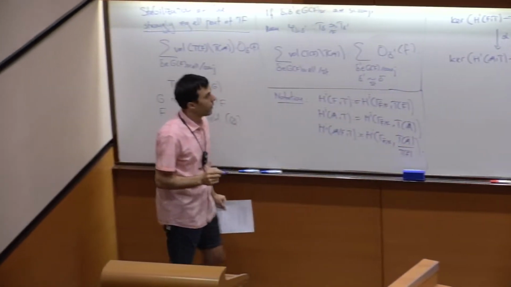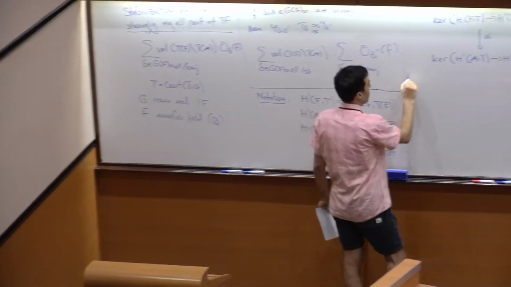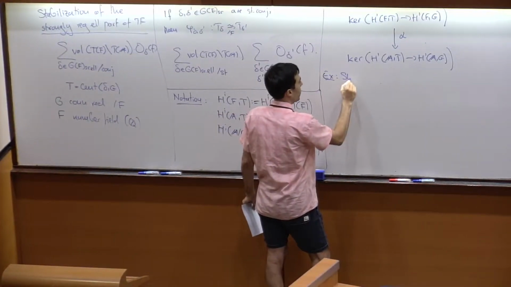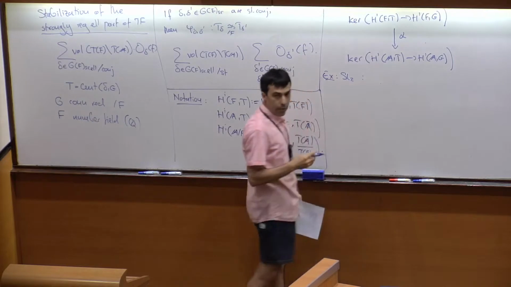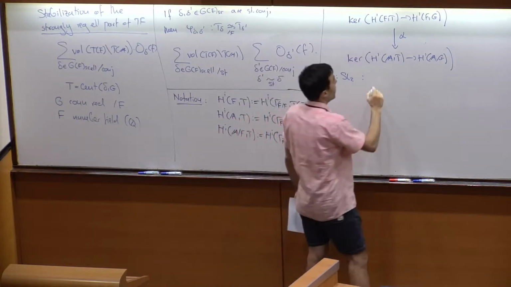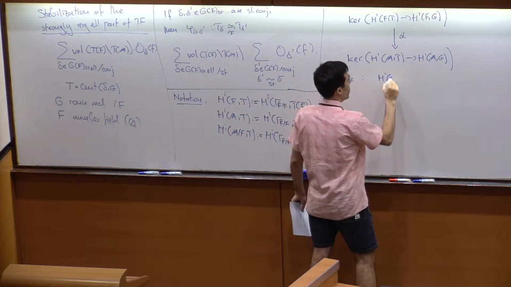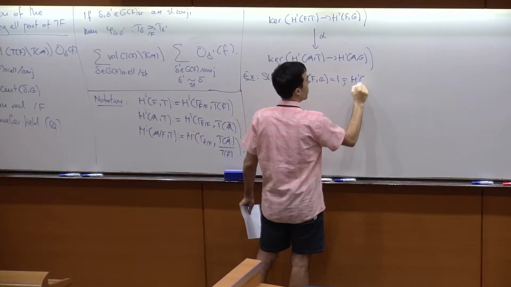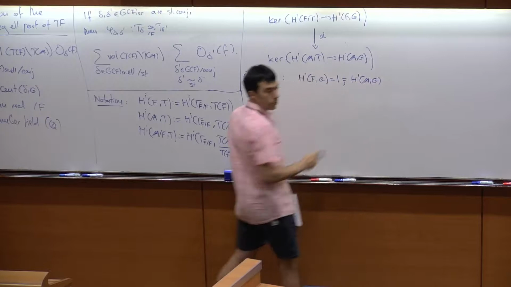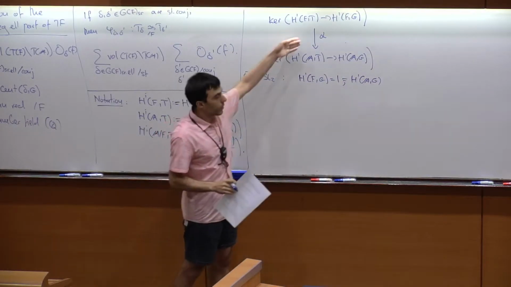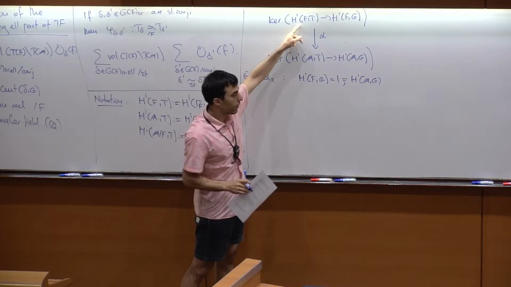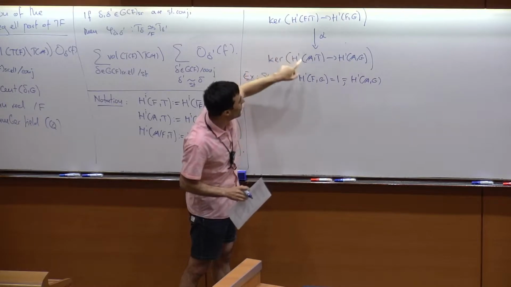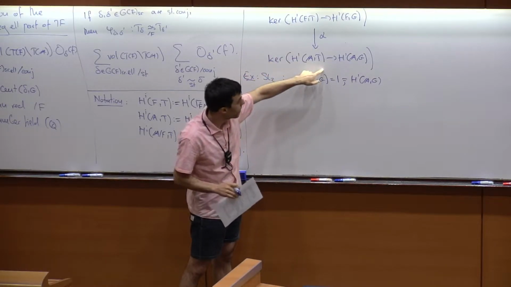Okay. And so in the example of SL2, a few special things happened. One special thing was that H1FG was trivial, and so was H1AG. So really, this map was just from H1FT to H1AT.